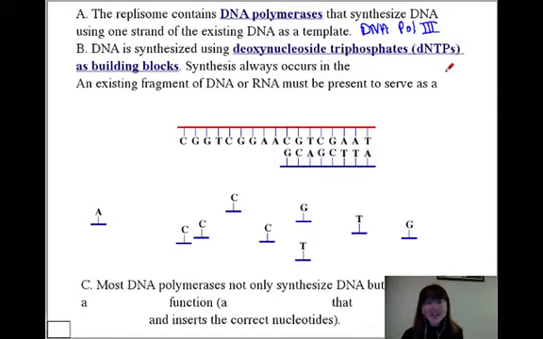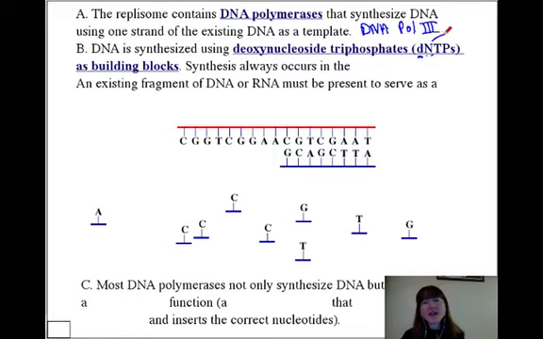Now, this can get a little bit confusing, because the d refers to the fact that this is DNA, deoxyribonucleic acid. So the building blocks also have to be deoxy, meaning that the 2' hydroxyl has to not be present. It's not RNA, it's DNA, so that's not a 2' hydroxyl in DNA.